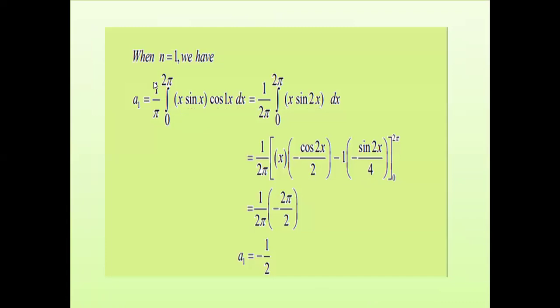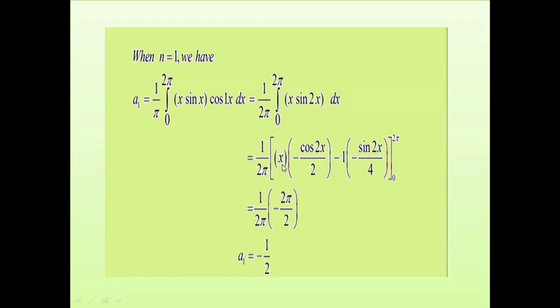Now when I put n is equal to 1, a1 is equal to 1 by pi integral 0 to 2 pi x into sin x cos nx, with n equal to 1, cos 1x dx. So you are getting x into sin 2x. Again the UV method, Bernoulli's formula, you apply.